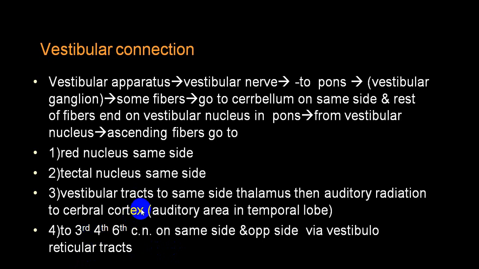Because of connection to the cerebellum, it will take part in imbalance, because if there is damage, balance is disturbed, so the person will have ataxia. And because it is connected to the nucleus ambiguus, it will also produce nausea and vomiting, which is quite a common symptom whenever there is stimulation of the vestibular apparatus or vestibular nucleus.